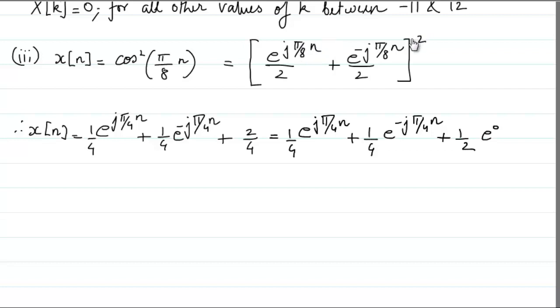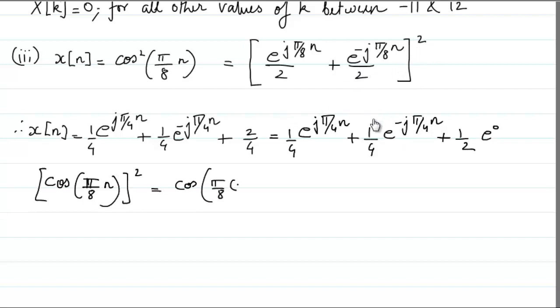So for finding the period, we have to say that cos squared of pi by 8 n should be equal to cos squared of pi by 8 n plus capital N naught, the whole square. Correct?